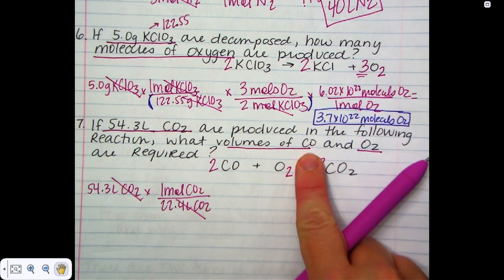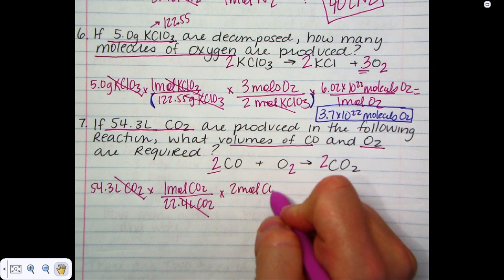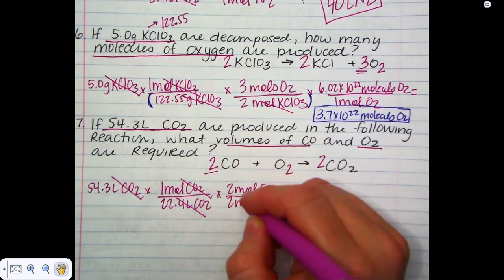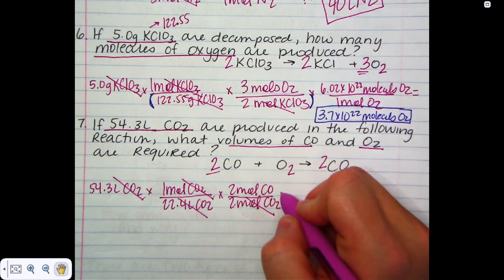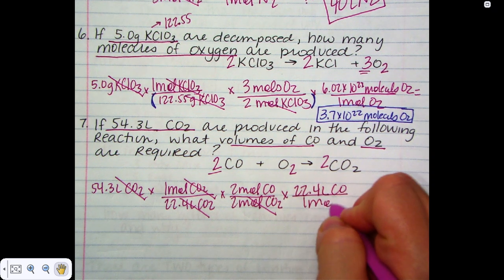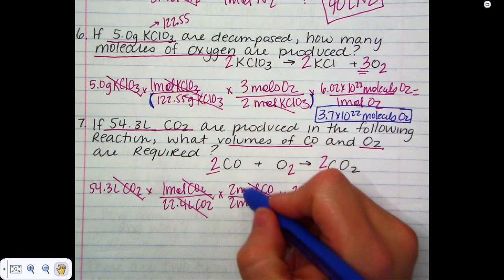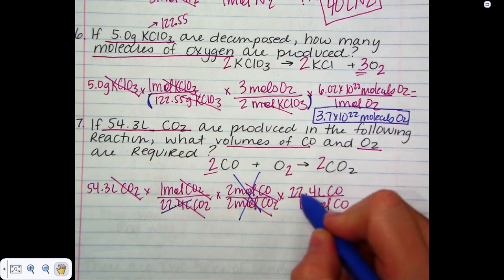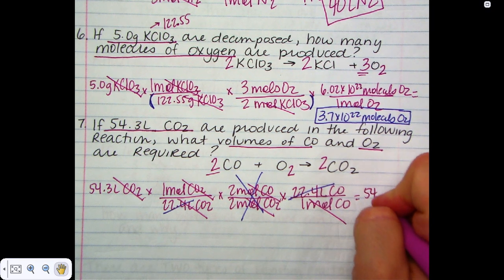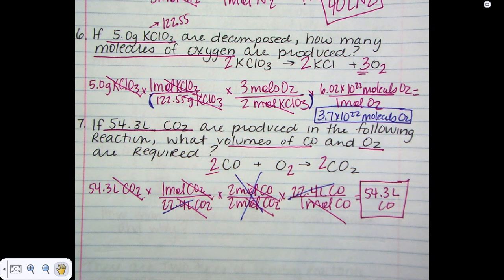And let's see, for the first one, let's go to CO. So times 2 moles CO over 2 moles CO2. And it wants me to go to volume, times 22.4 liters CO over 1 mole CO. Well, let's see. 2 over 2 is 1, and both multiplying and dividing by 22.4 is going to be the same. So 54.3 liters of CO is how much CO was required.